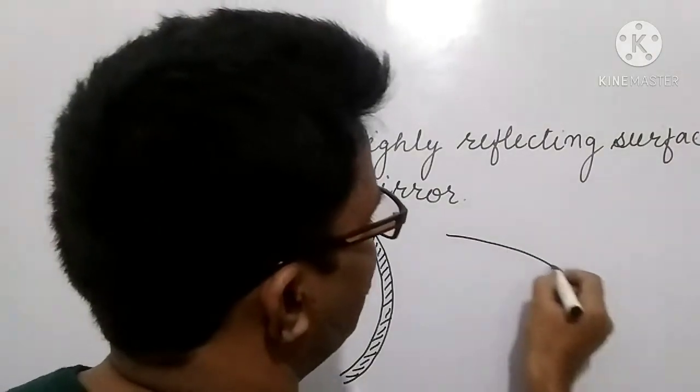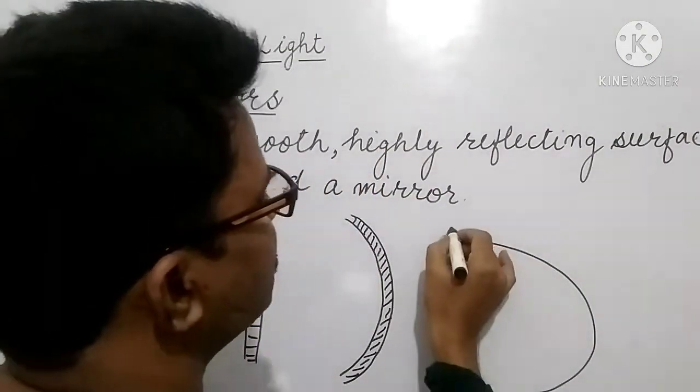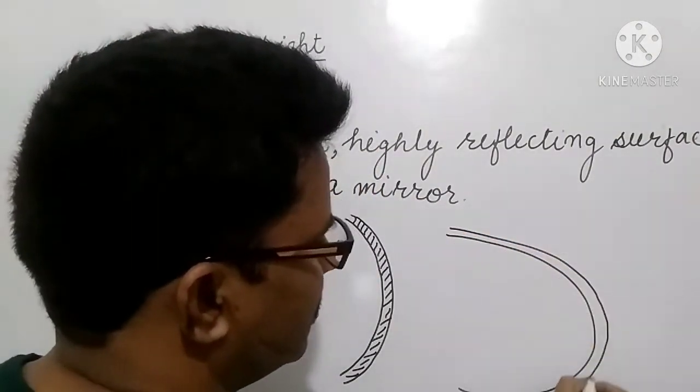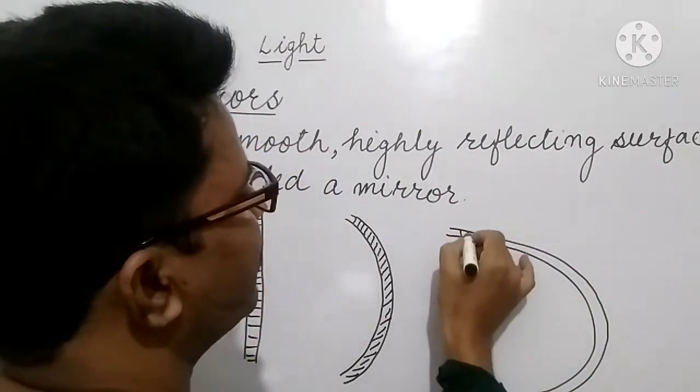It depends upon the curvature of the mirror. This is known as the parabolic mirror.